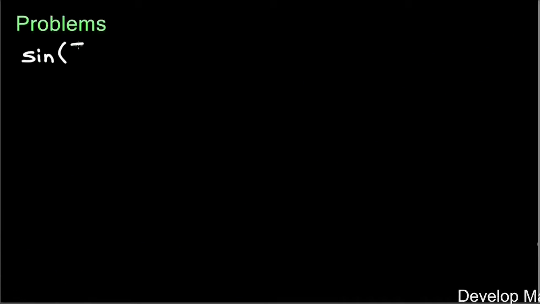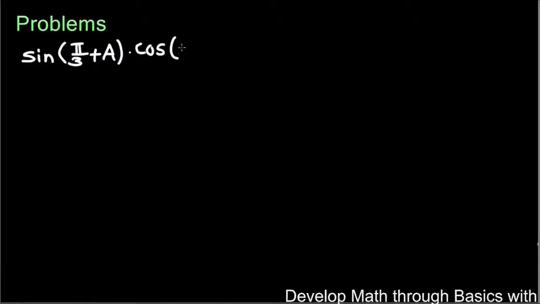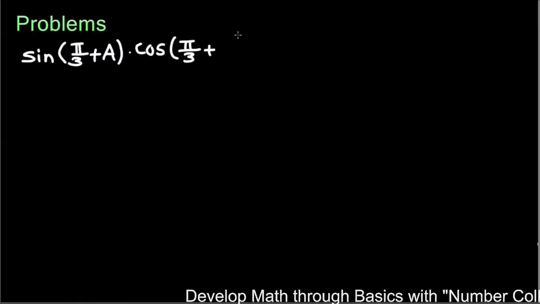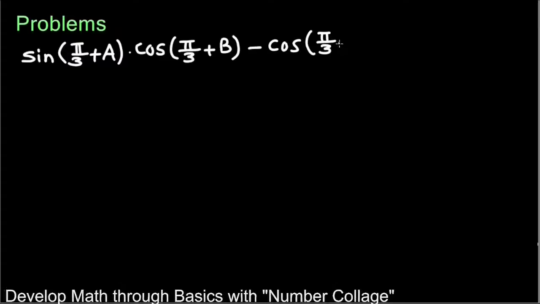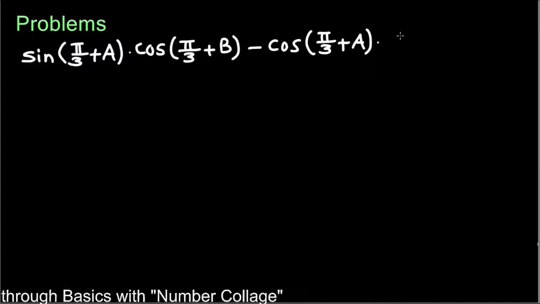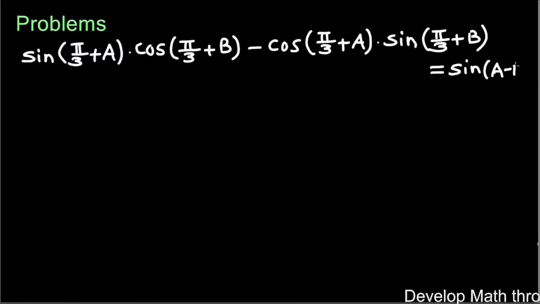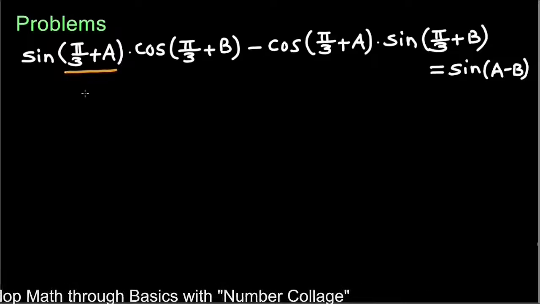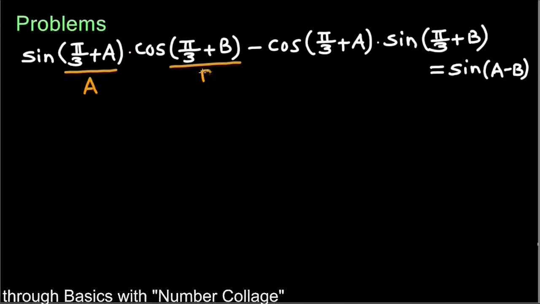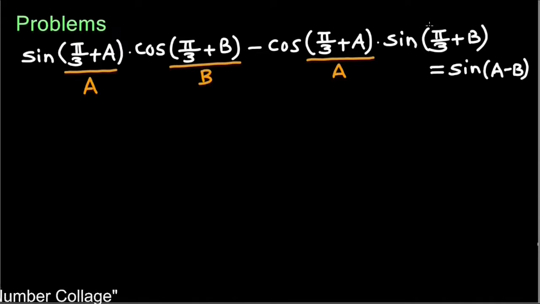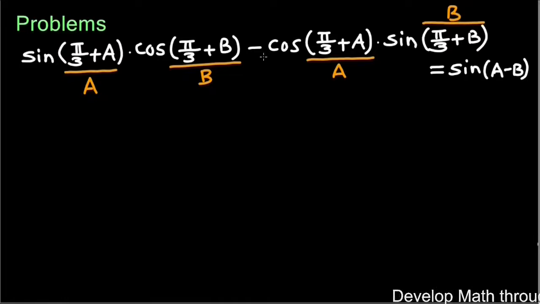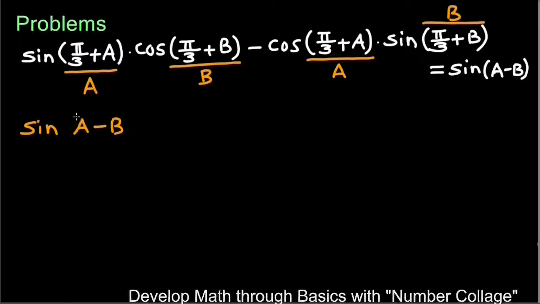We have to prove that sine of (pi by 3 plus a) cos of (pi by 3 plus b) minus cos of (pi by 3 plus a) into sine of (pi by 3 plus b) equals sine of (a minus b). If we assume this bracket to be A, this bracket to be B, this bracket to be A, and this bracket to be B, then this is sine A cos B minus cos A sine B, which is nothing but sine of (A minus B).